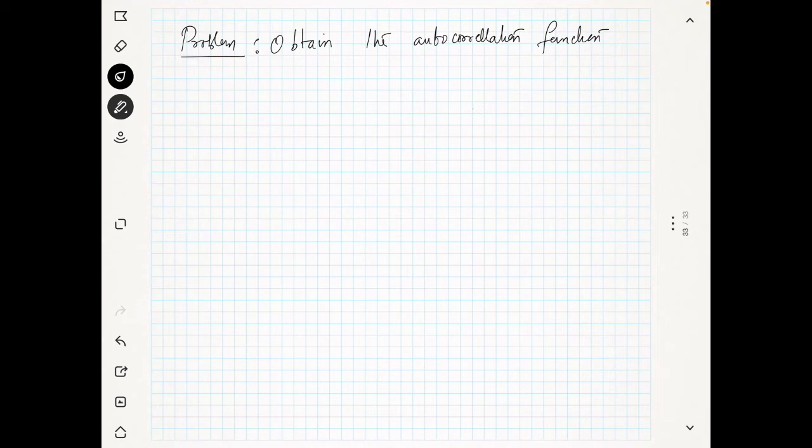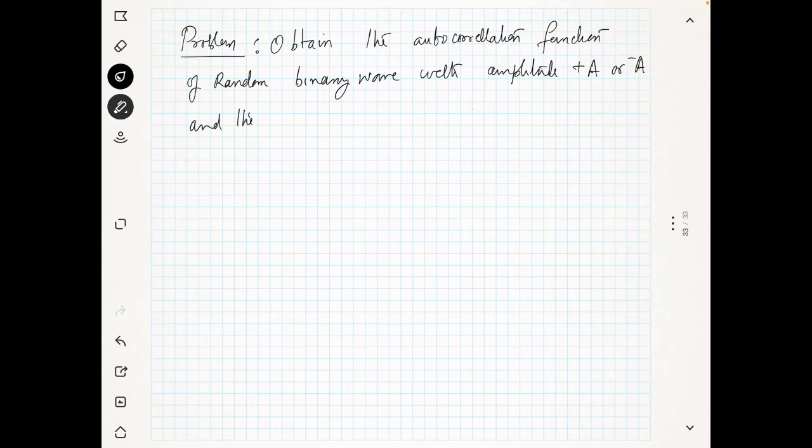So the question is, this is the problem: obtain the autocorrelation function of a random binary wave, okay, with amplitude plus a or minus a, okay, and the time duration.